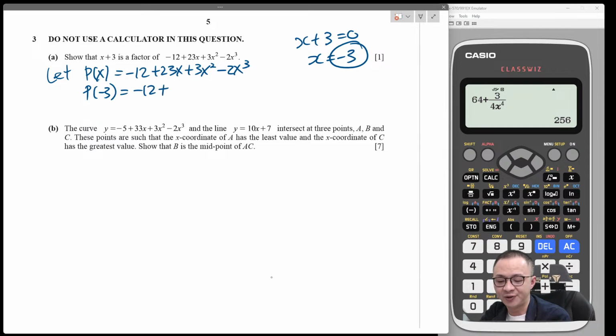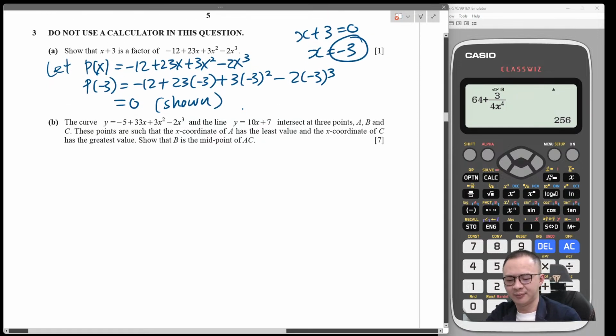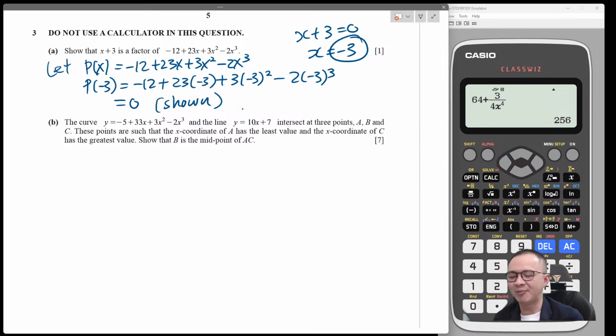So sub -3 into that: plus 3, (-3) squared, minus 2(-3) cubed. Without calculating further, I know it must equal 0 because it's a factor. Then I will just write "as shown". It's 1 mark. Basically just sub in and you must get 0. If you don't get 0, it means it is not a factor.